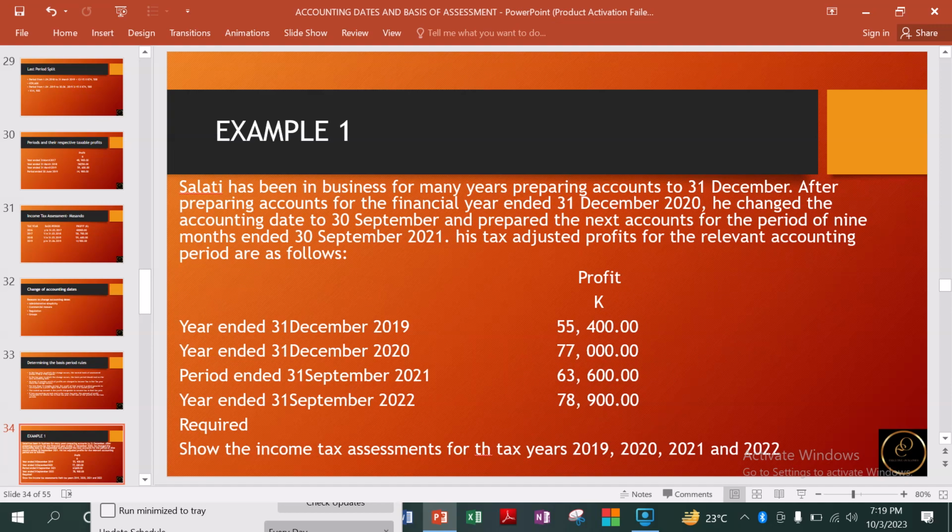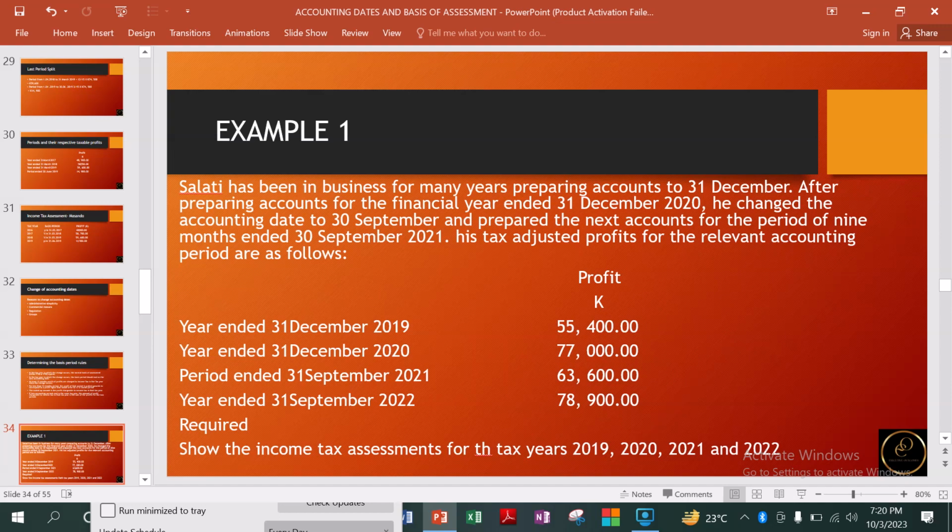His tax adjusted profit for the relevant accounting periods is as follows. Okay, what are we required to do? To show the income tax assessment for the tax years 2019, 2020, 2021 and 2022.